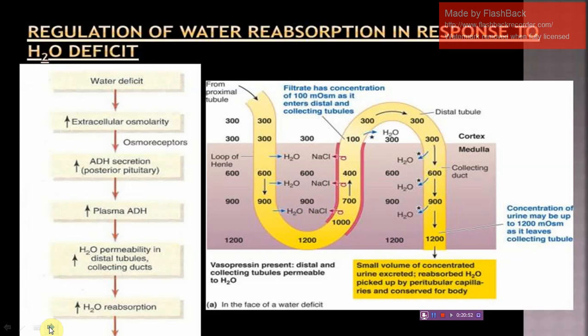This is the mechanism of antidiuretic hormone secretion and its function in the collecting duct.